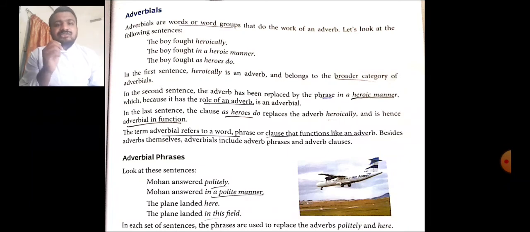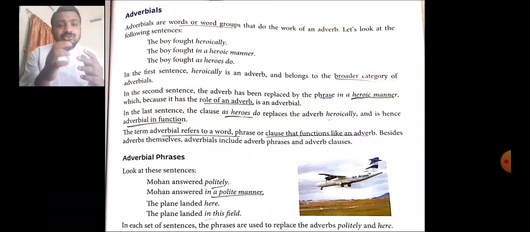In the second sentence, the boy fought in a heroic manner. There, heroically has been replaced by a phrase, heroic manner, which has the role of an adverb, so it is an adverbial. And the last sentence, the boy fought as heroes do.